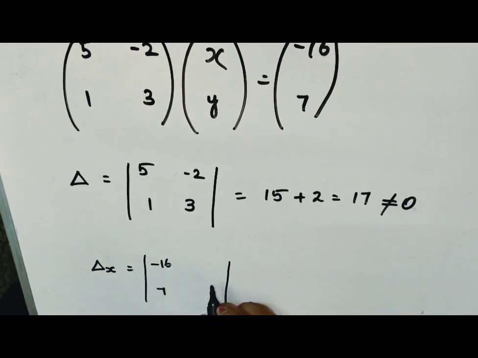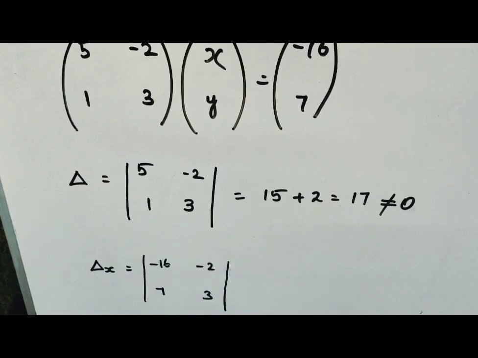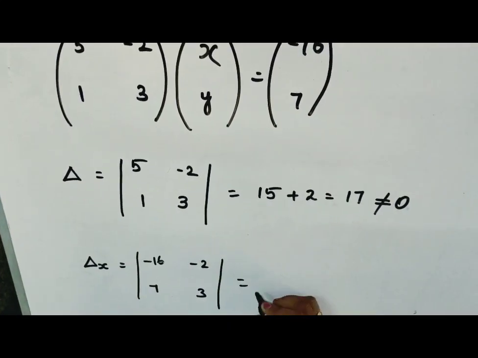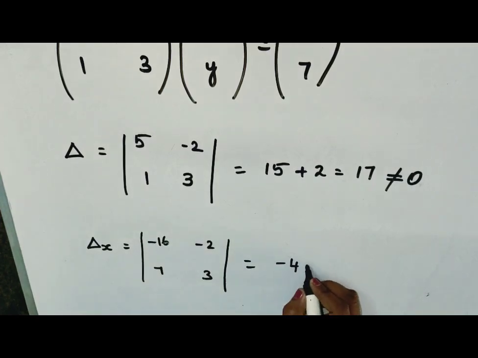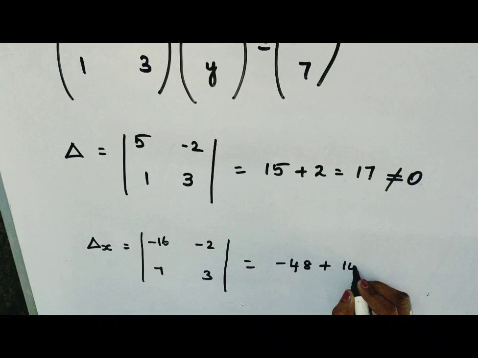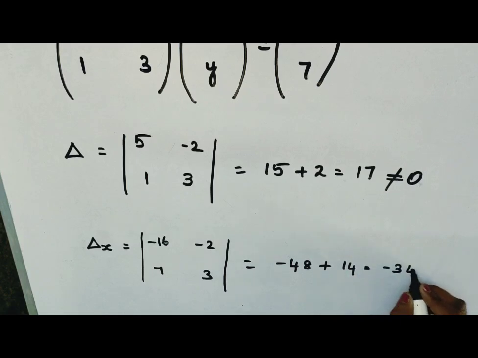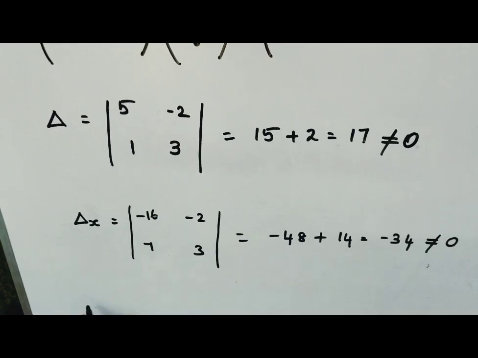The remaining elements will be as they are. There is no change in the remaining elements. Now, we have to find the determinant for this matrix. If I simplify, I will get minus 48 plus 14, which is nothing but minus 34. This is also not equal to 0. It might be equal to 0 also, no problem.